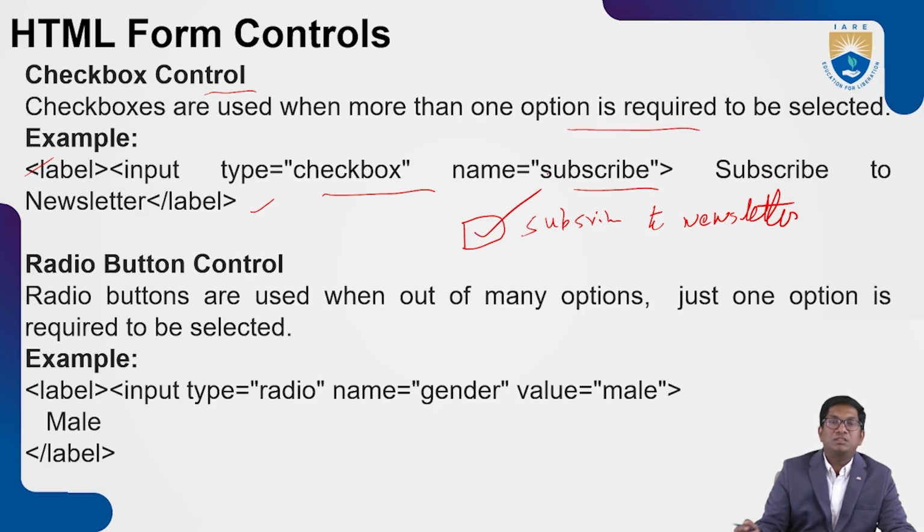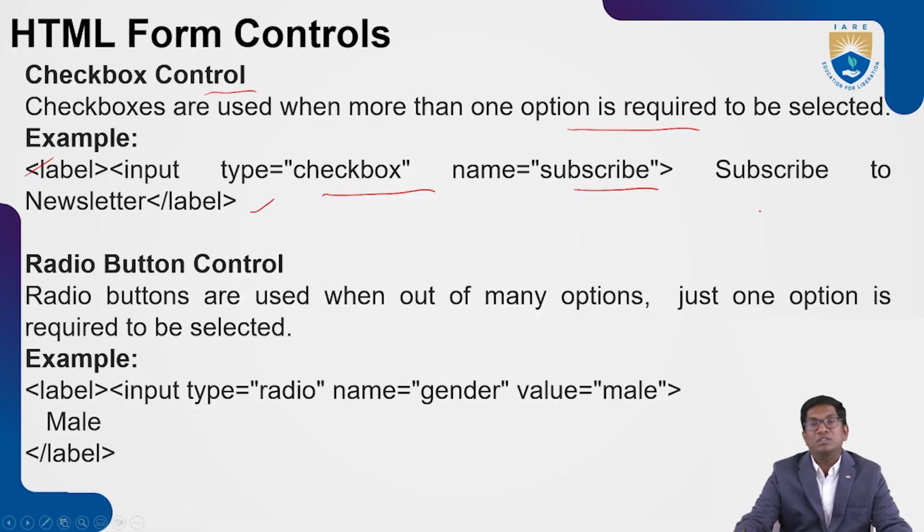So you can check it. When you have multiple choices, you have to use checkboxes. For applying for a loan, you have to specify the property: do you have land, a bank account or salary account, or a motorbike or car, or whatever you have. You have to use checkboxes.